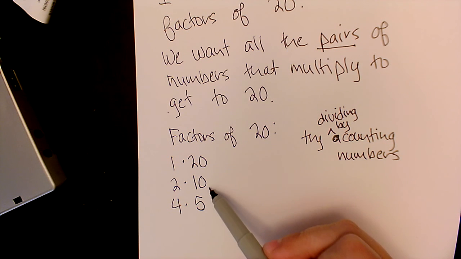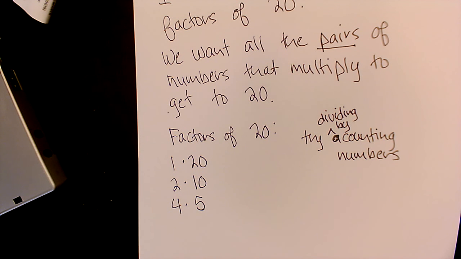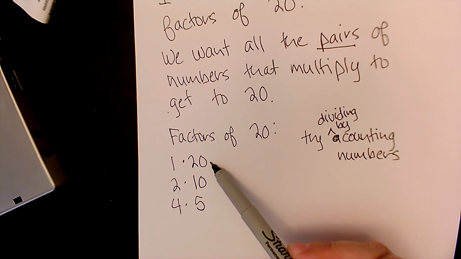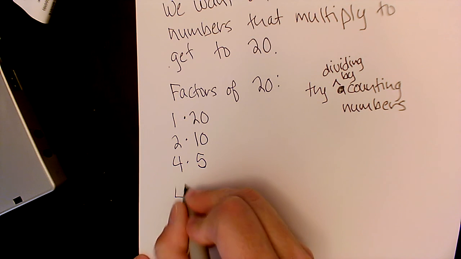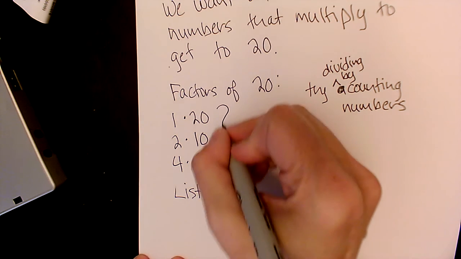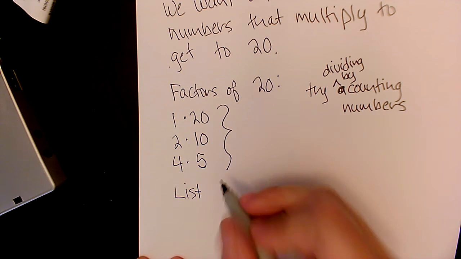Well, we have 10 already here. 11, 12, 13, 14, 15, all no. 16, 17, 18, 19, 20. Well, 20 we got back up here. So we know that these right here are all the factors of 20.